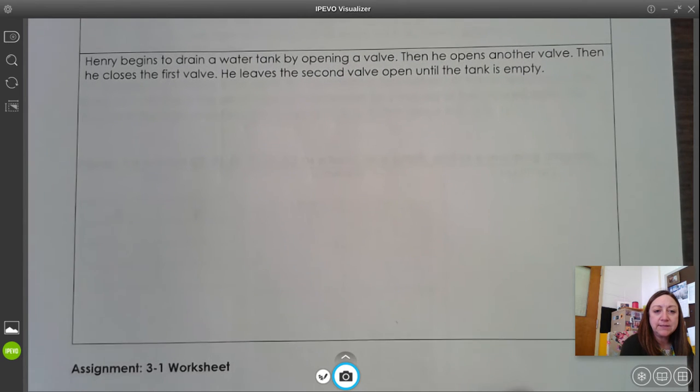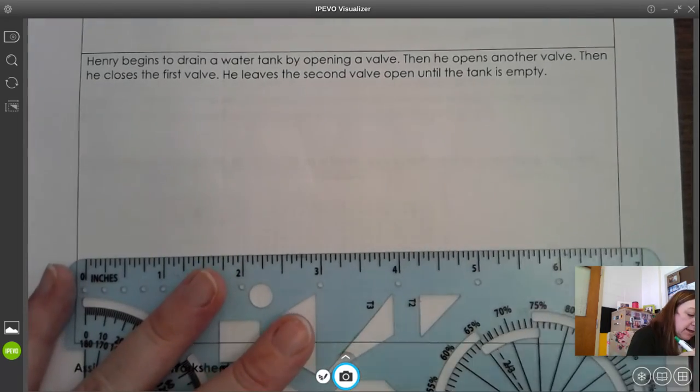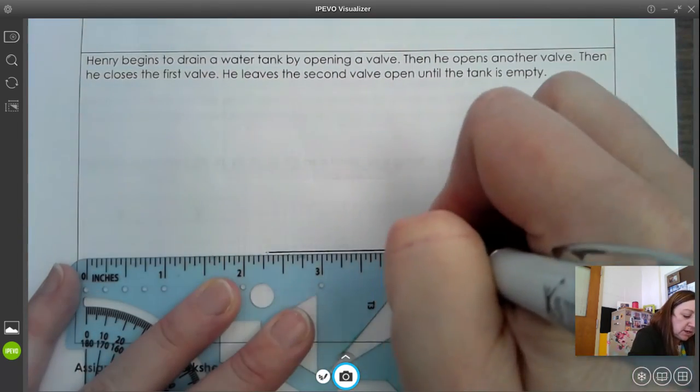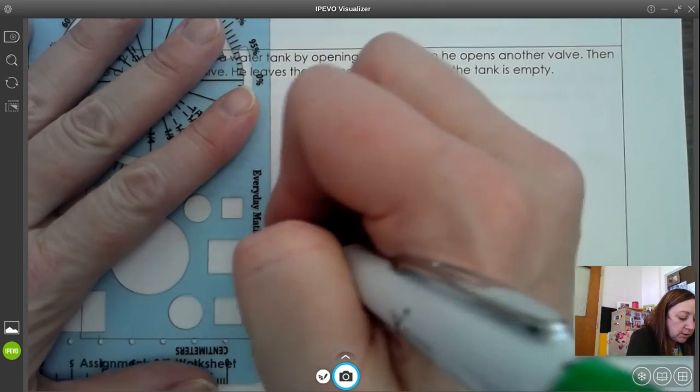All right, the last one says Henry begins to drain a water tank by opening a valve, and then he opens another valve. Then he closes the first valve, and he leaves the second valve open until the tank is empty. That sounds really kind of confusing, but again, we're going to be talking about how much water is in the tank over a certain amount of time.